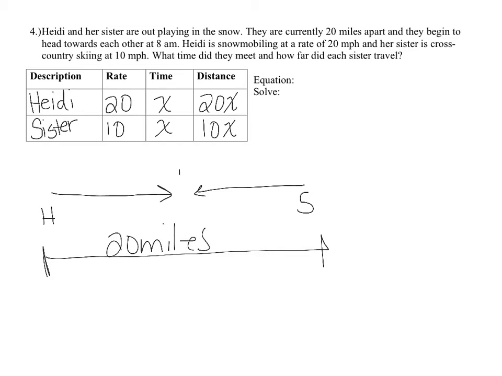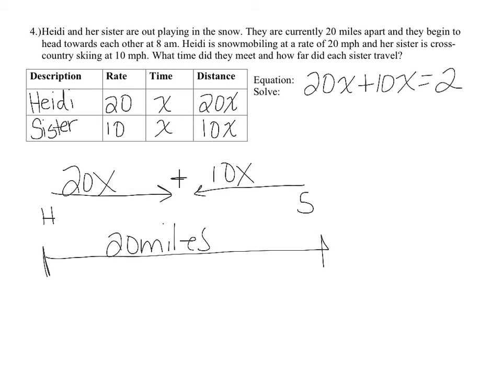So their combined distance is 20 miles. Heidi's distance is represented by 20x, and her sister's distance is represented by 10x. And Heidi's going to cover more distance than her sister because she's going faster. So this is another one where for the equation, you're going to add your 2 distances together. So it's 20x plus 10x equals 20 miles.